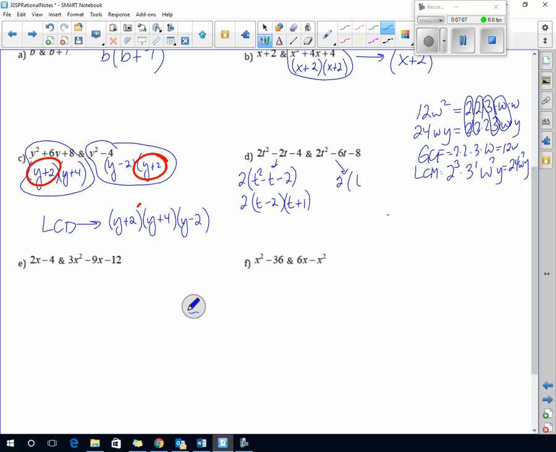T minus 4, t plus 1. Okay, so now I'm just going to underline the common ones, just like I was doing over there. So I have a 2 that's common and a t plus 1 that's common. So now what would my LCD be? Remember, they all have to go into it.